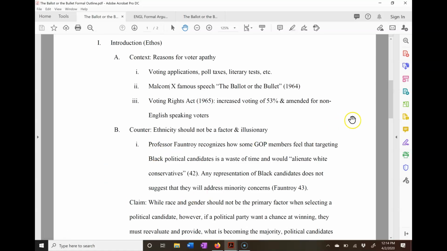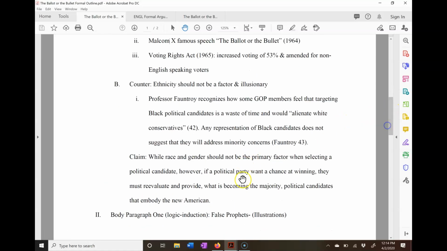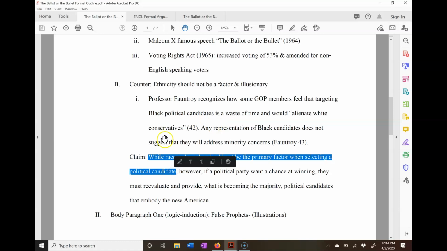I also want to see your claim that answers that research question. And I want you to consider where you're going to put it. Now, I have mine at the very end of my counter, but it can easily go in that first paragraph, just as long as it flows naturally. So that's why you see this phrase right here, because I am moving from the opposition's claims, grounds, and warrants.